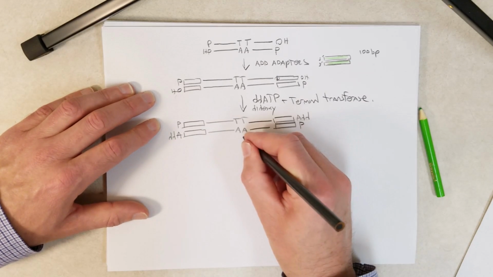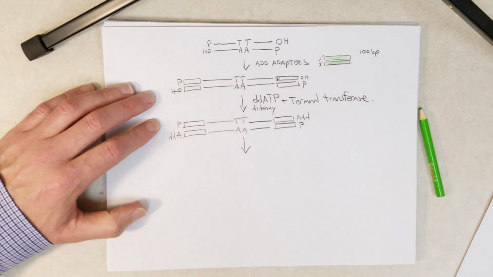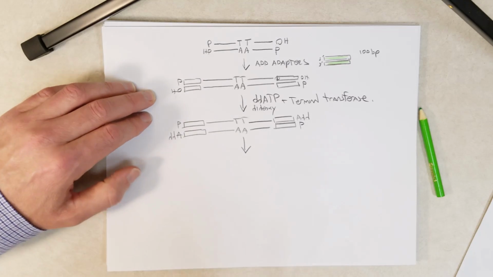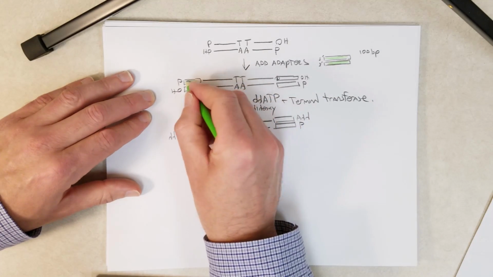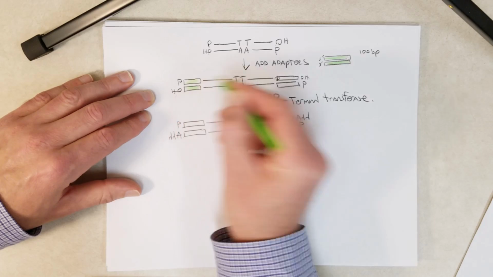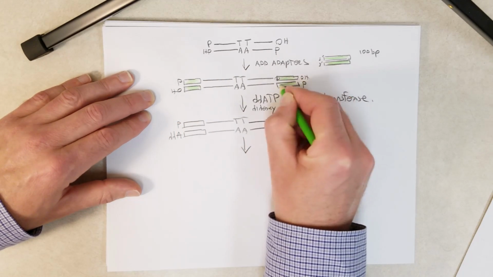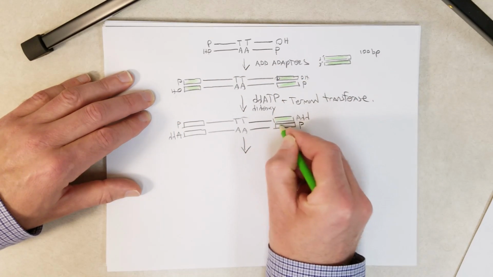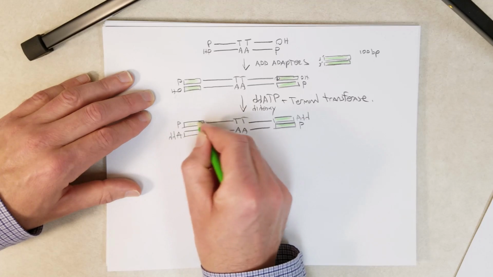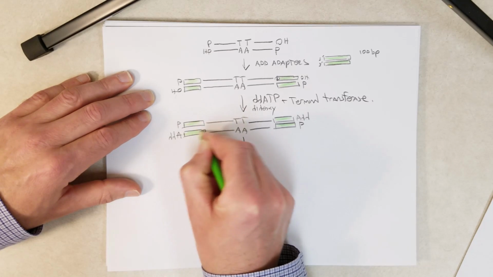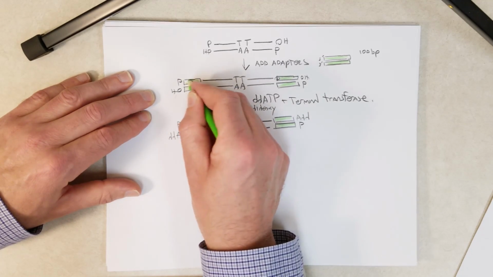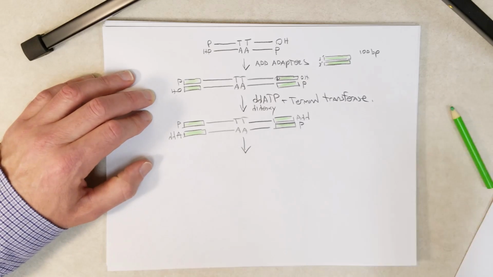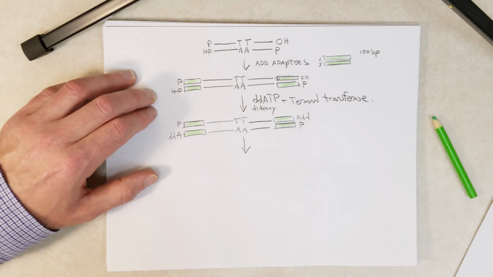Now, the next step, and this is another reason why I want to talk about this technique, is that it brings in enzymes from base excision repair. So the technique is used to study nucleotide excision repair, but it involves enzymes from base excision repair.